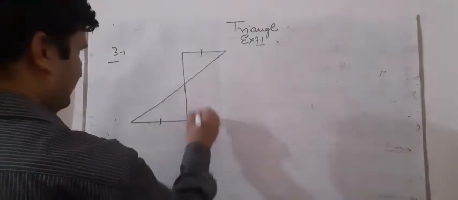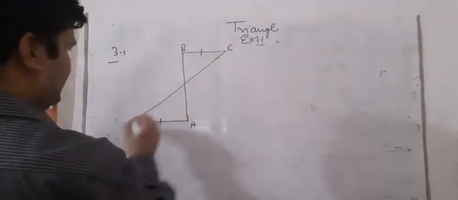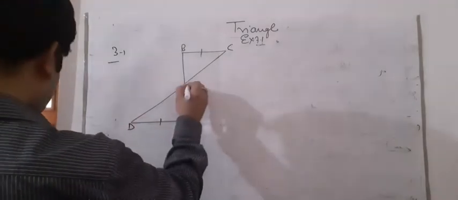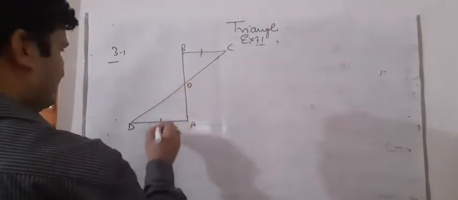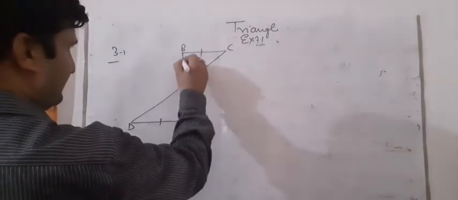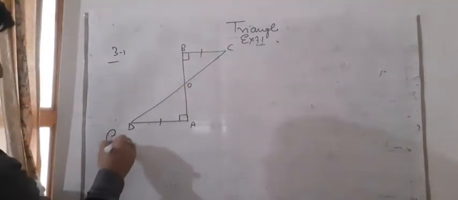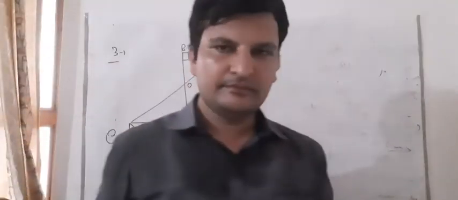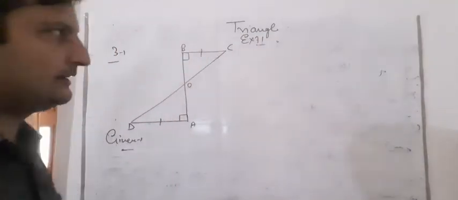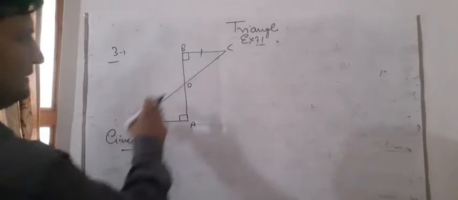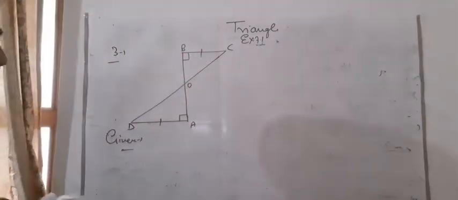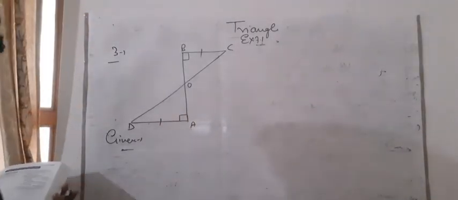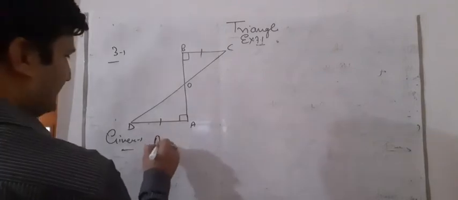The figure is A, B, C, D and O is given, this is already given. So first we will write what is given. Given: AD and BC are equal perpendiculars to each other. AD and BC, these two are equal perpendiculars to each other.